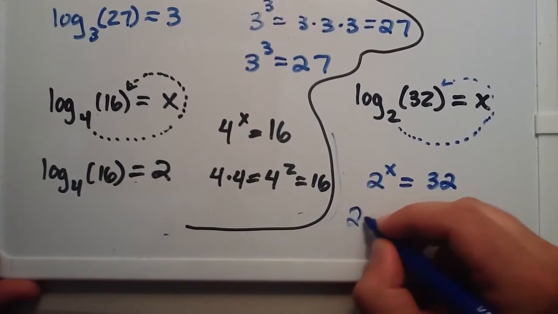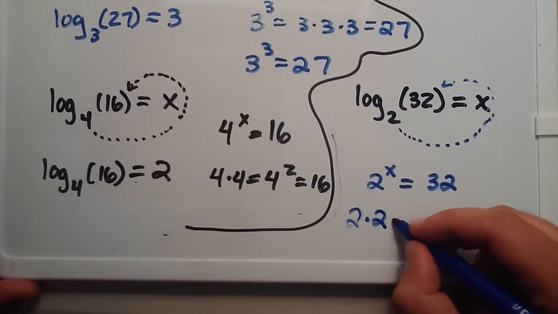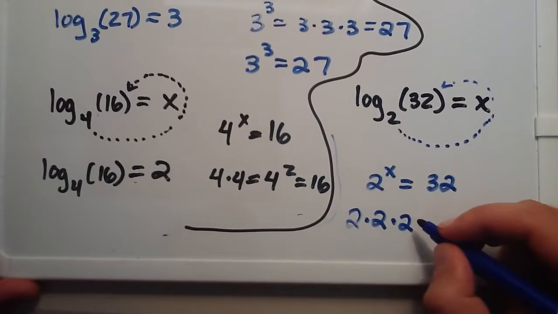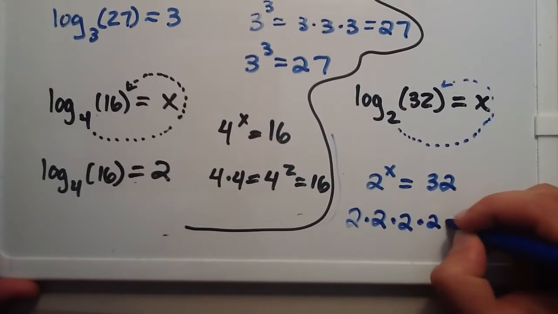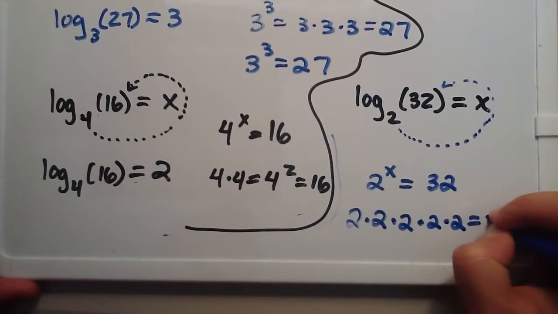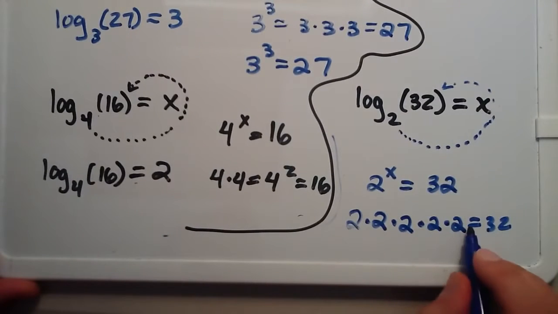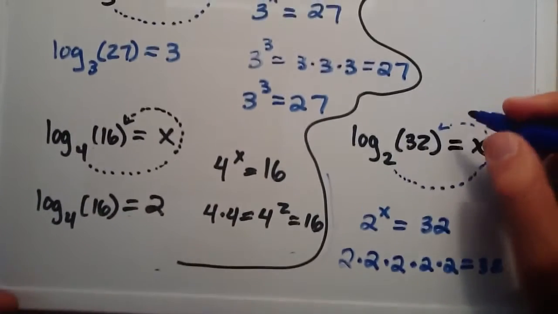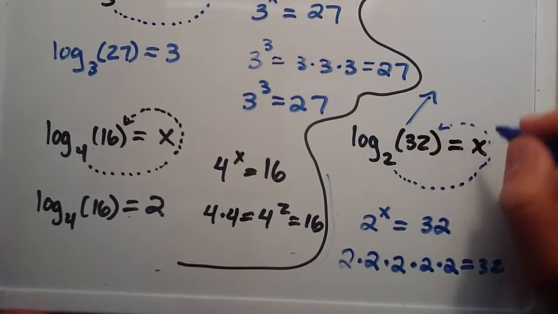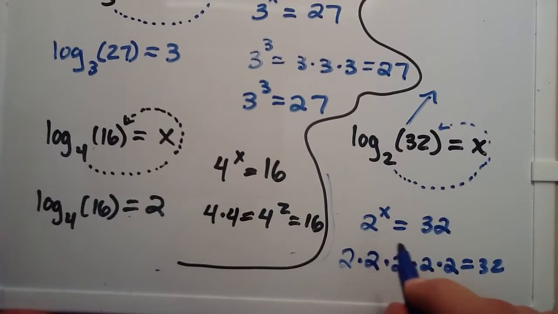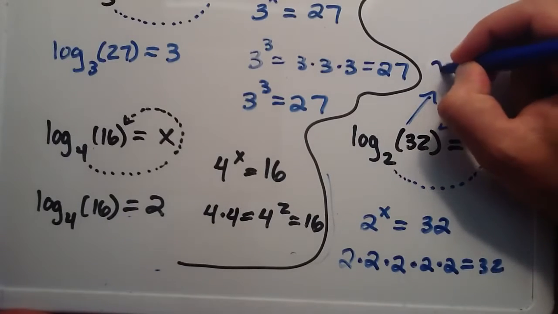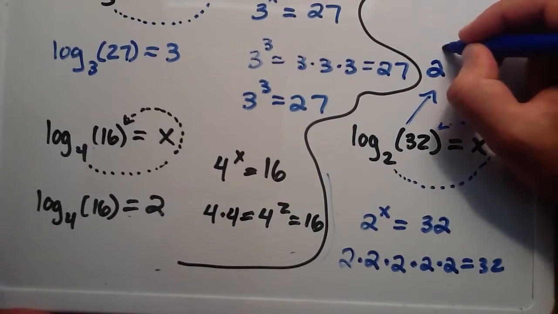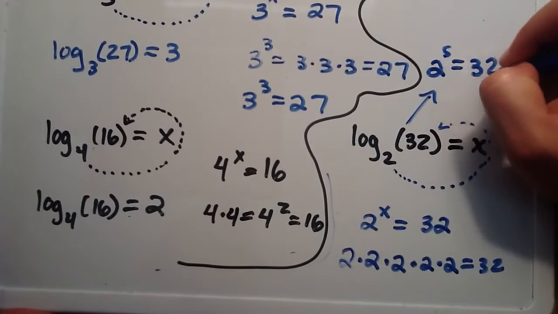Well, 2 times 2 is 4, times another 2 is 8, times another 2 is 16, times another 2 equals 32. So 2 multiplied by itself 5 times equals 32. So in this case, our x is equal to 5, because it took 2 multiplied by itself 5 times to equal 32. So 2 to the 5th equals 32.